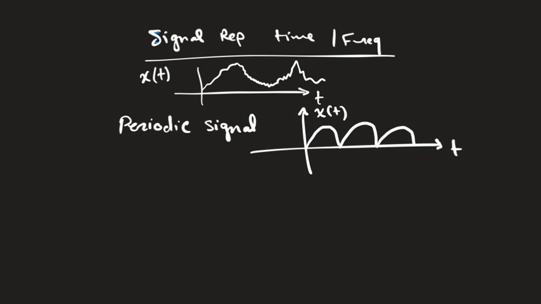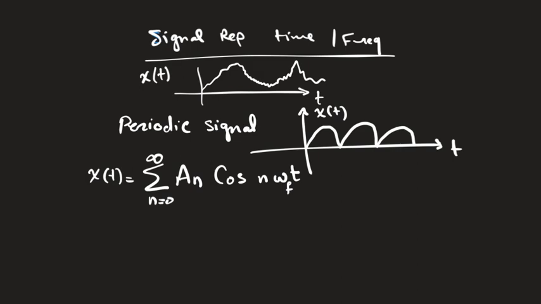I can represent this signal using something called the Fourier series. And the Fourier series says that x of t, my signal, is equal to the summation from n equals 0 up to infinity of a_n cosine(n omega t), right? And that omega, we call it the fundamental frequency, omega_f, omega_1, whatever you like to call it, plus b_n sine(n omega t), right?